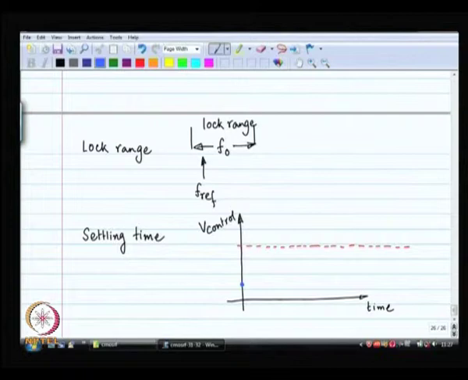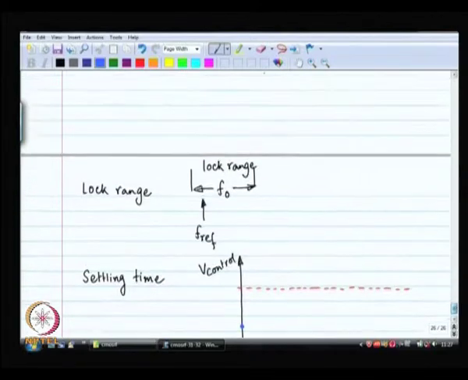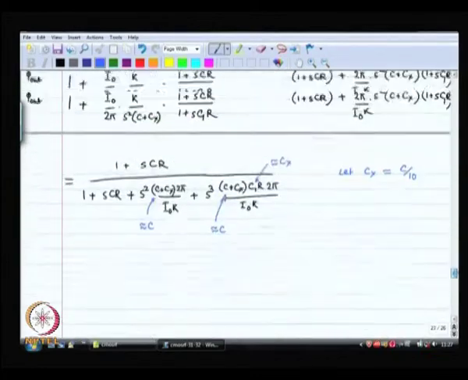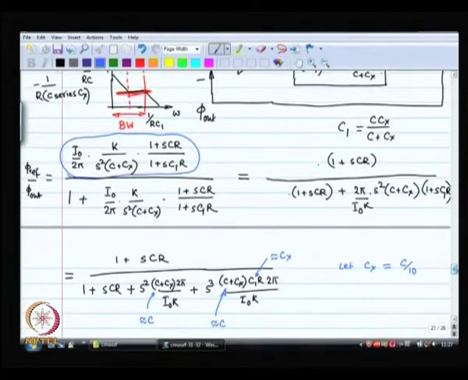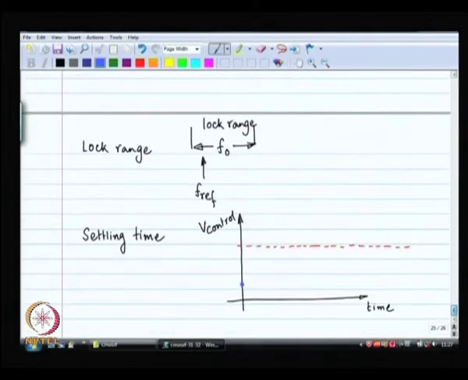So, what is going to happen is, depending on the transfer function, you have got a lot of these poles, zeros, etc. This voltage is going to try to reach the target.